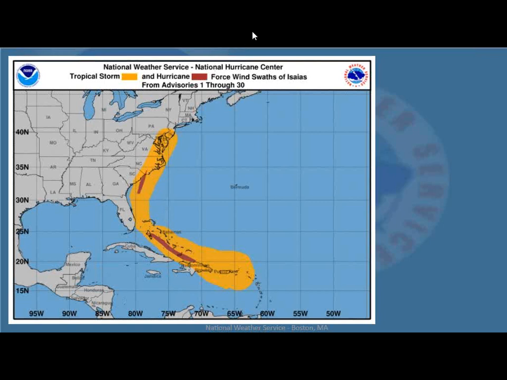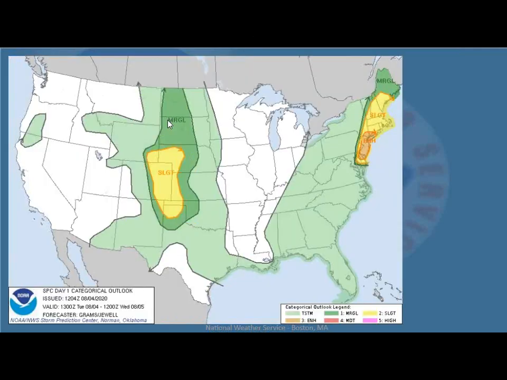And you see that, as the system approached Florida, it actually weakened thanks to unfavorable wind shear aloft. And then it actually re-strengthened right before landfall in the Carolinas. So that's what kept it at Category 1.